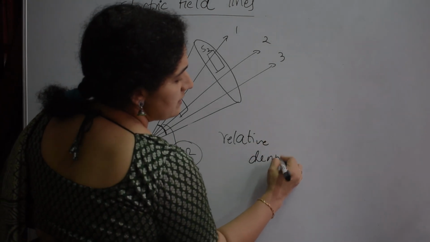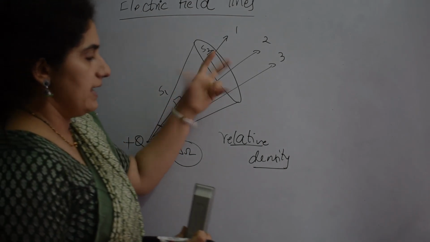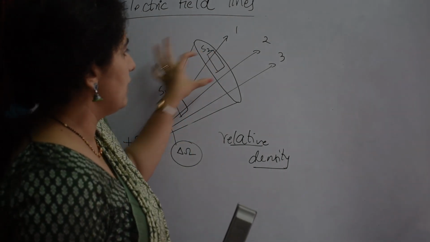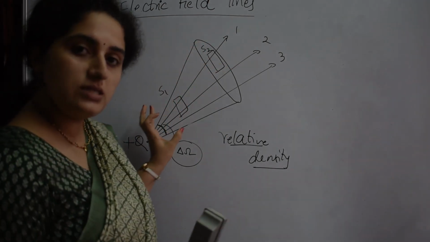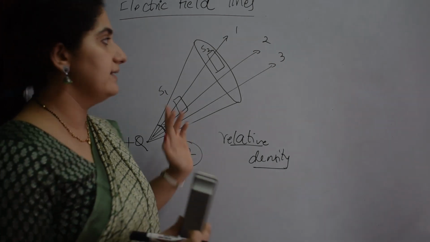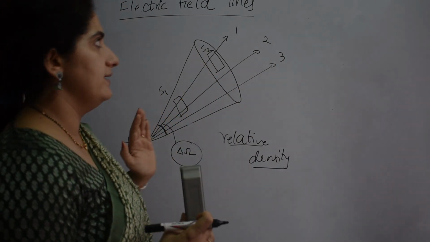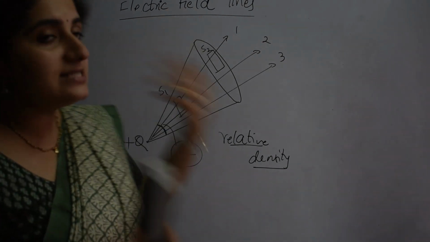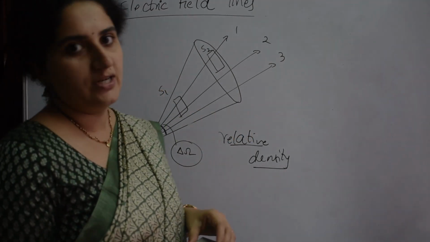Relative density means the number of field lines passing through these areas if you consider. You have to consider equal surface areas. Then near the source charge you have closer field lines. As you go away you have separated field lines. So this is about the electric field lines, which tells you about the strength of the electric field at that particular point.